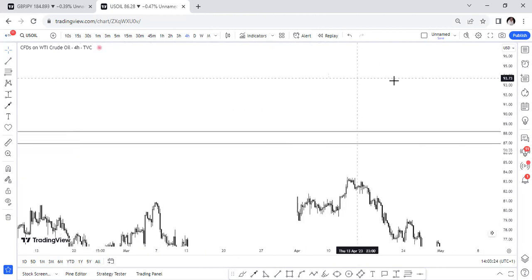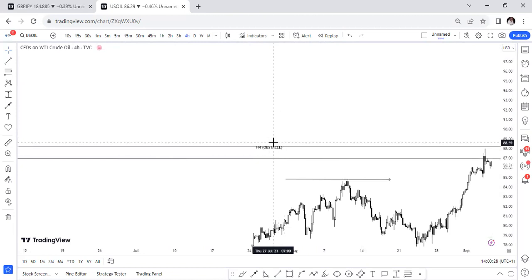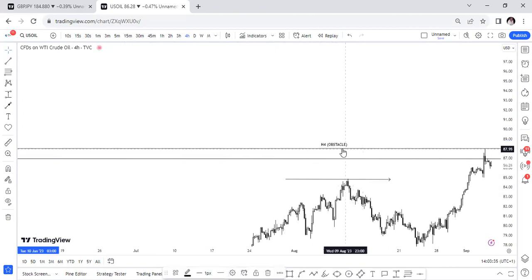So that place becomes more significant for price to react, because it has been a very strong level in the past.